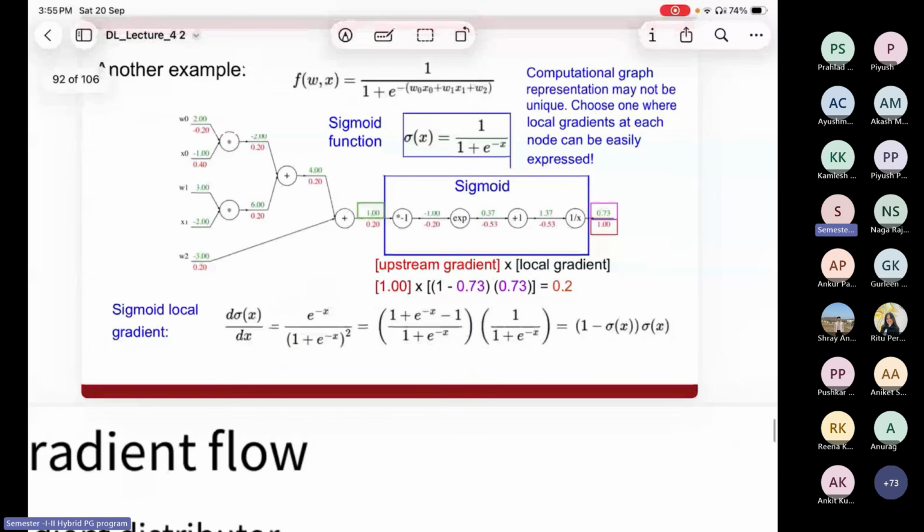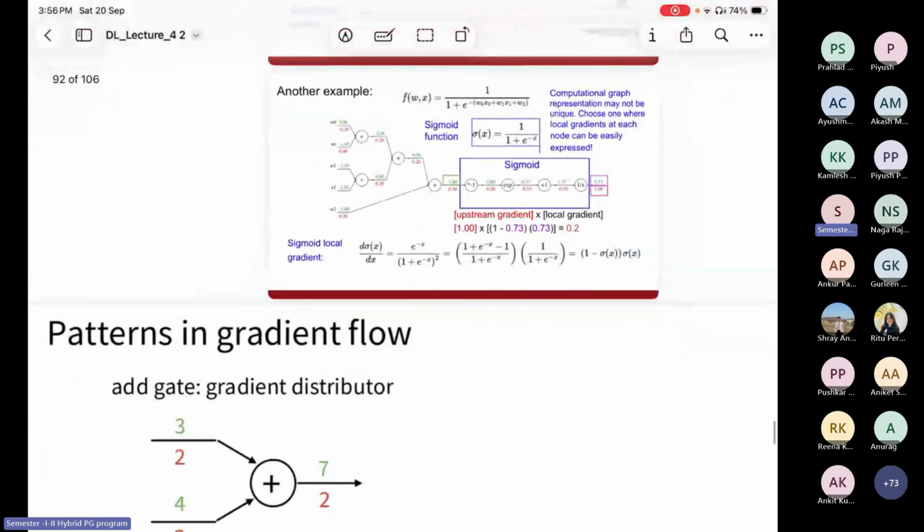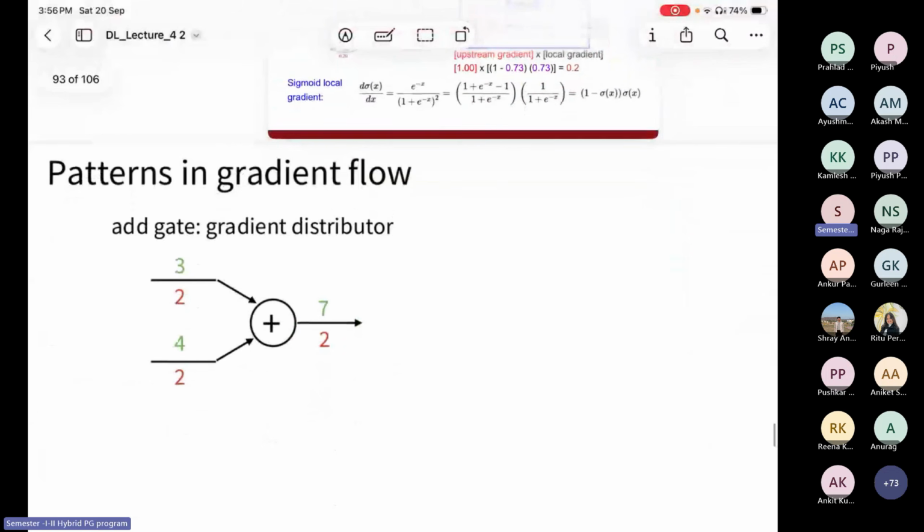Okay, so I'll also tell one part and then I'll stop. Whenever we just see the pattern, what we have seen in the case of gradient, like this back propagation. Whenever we have addition, and suppose this is the upstream gradient that is coming from the right hand side, and we have the addition here.